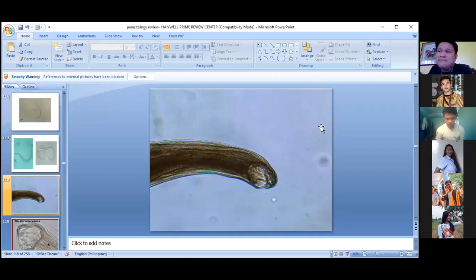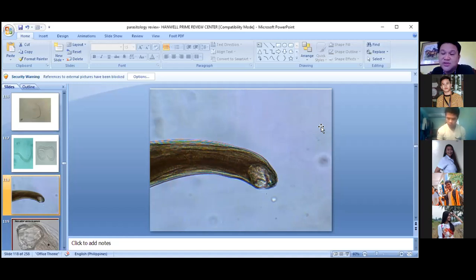Now, for example, if it's going to be on the 10th to 13th day of which you will first recover larva, then report it as rhabditiform of Strongyloides stercoralis. Okay, naintindihan na?